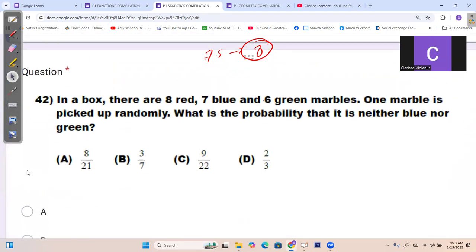Okay. In a box, there are 8 red, 7 blue. 1 marble is picked randomly. So we got to find how much marbles in all. 8 and 6 is 14, plus 7 is 21. So that's 21 as the denominator. What is the probability? It is neither blue nor green.